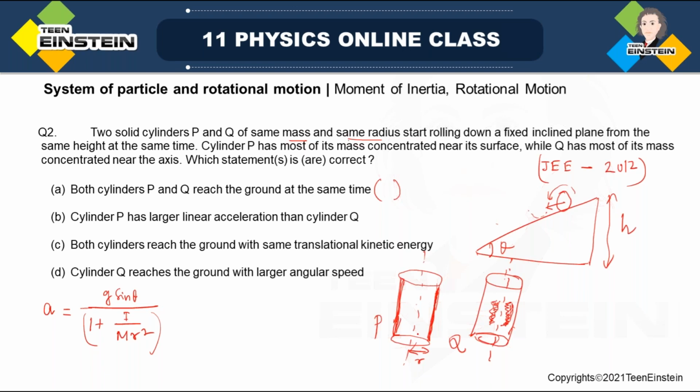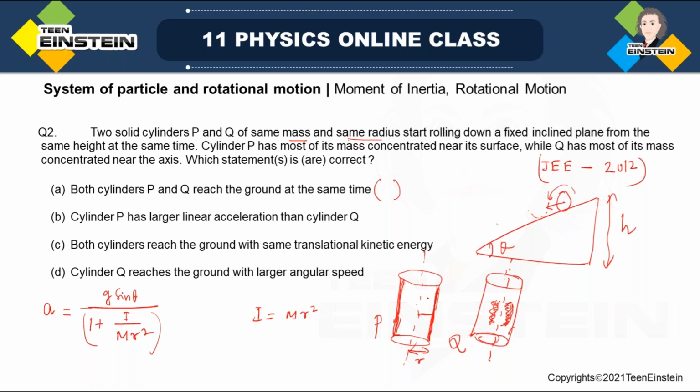Now look here. See, what is moment of inertia? Moment of inertia is defined as m r square. What does this mean? M is the mass, and r square is the distance square from the axis of rotation to the distribution of mass.